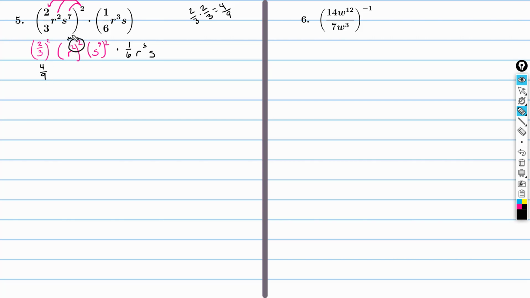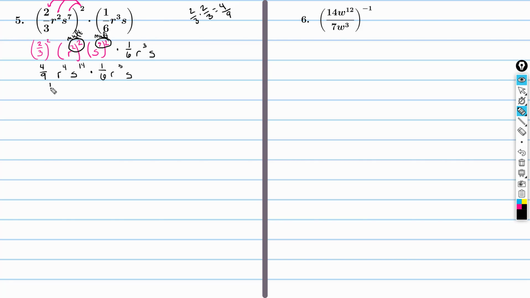I'm going to multiply my exponents as I'm raising a power to a power. So r to the 4th. I'm going to multiply my exponents because I have s to the 14th times 1/6 r cubed s.